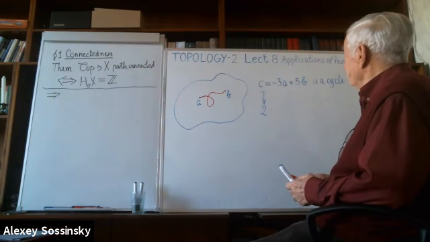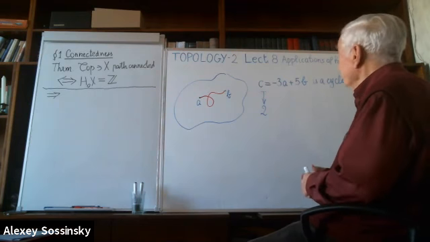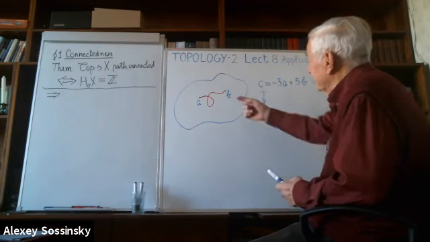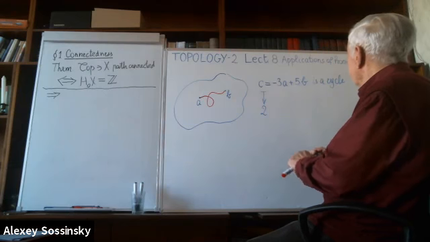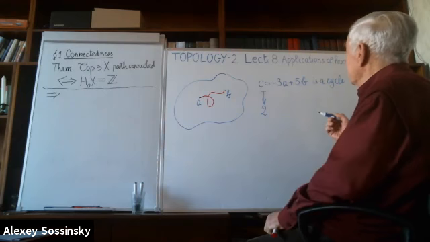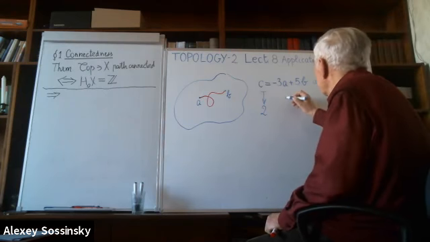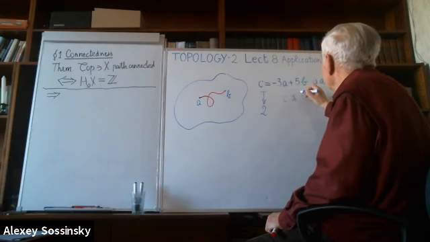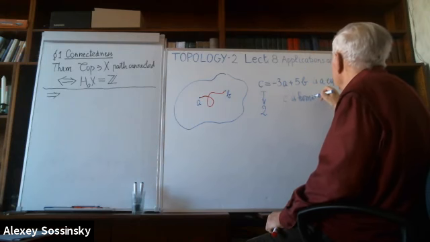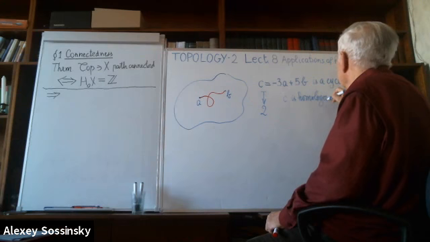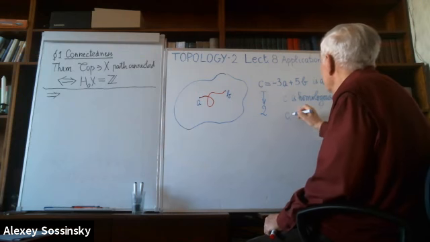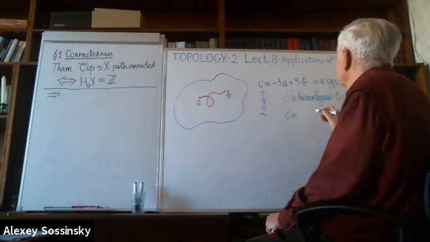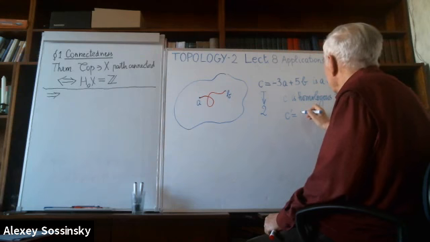Now, it is obvious from looking at the picture that C is homologous to the chain C prime, which is equal to 2B.